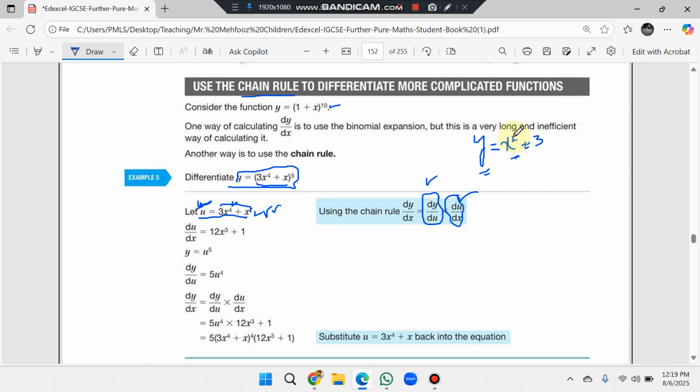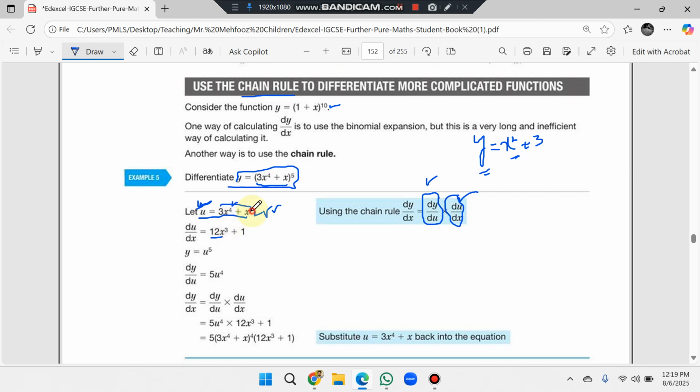By the previous method, by the power rule, the power comes to the front and is multiplied by the constant. It becomes 12, and the power is 1 less than its original power. So it means 12x raised to the power 3.